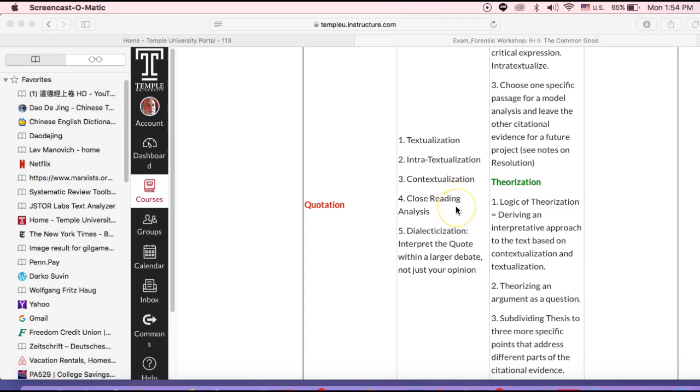And then you want to give a close reading analysis. Okay, and this is probably the biggest gap in the exam, right? That people were not spending time analyzing the quote. And what I mean by analyzing the quote on a close reading level is, sentence by sentence, word by word, first part of the quote, second part of the quote, third part of the quote, right?